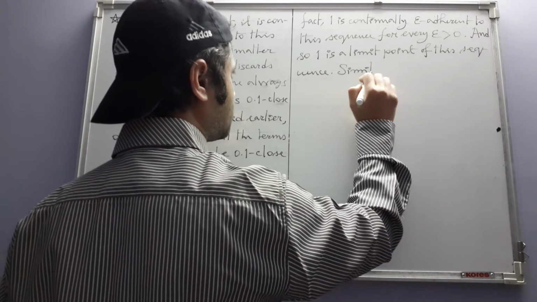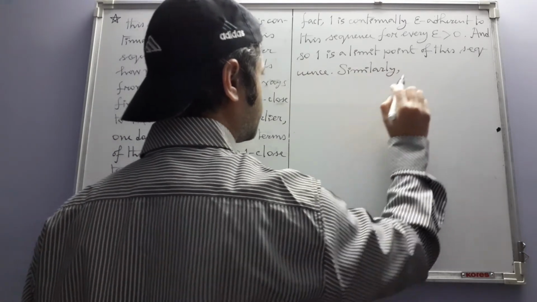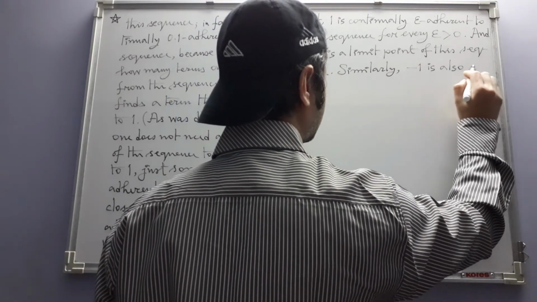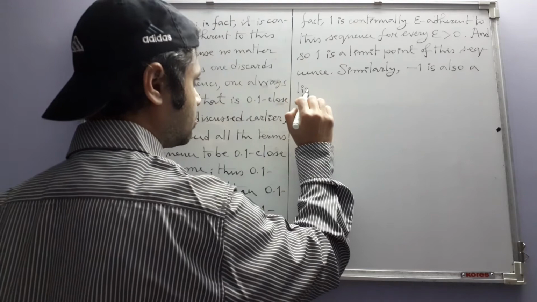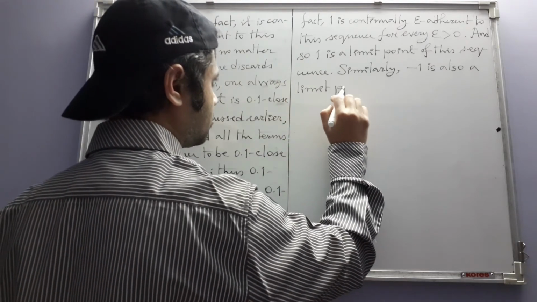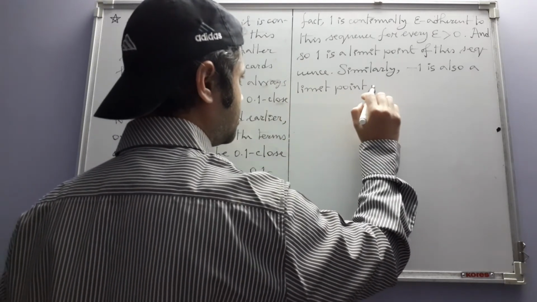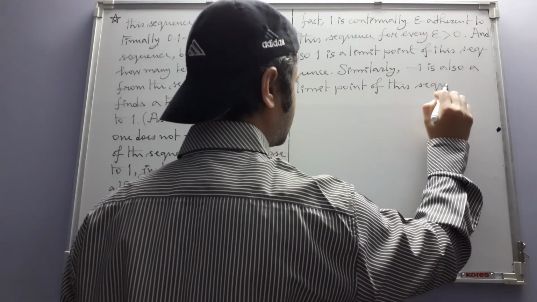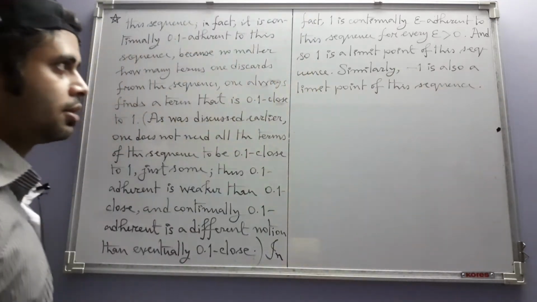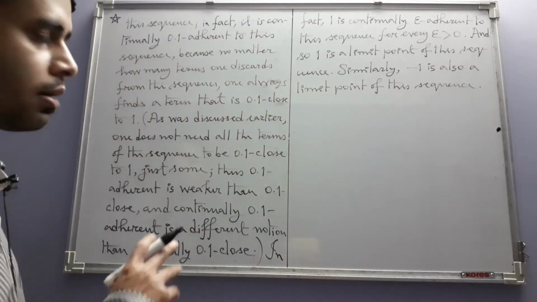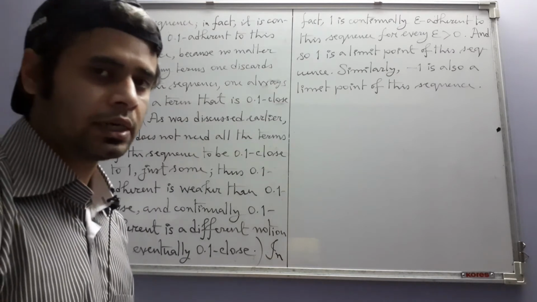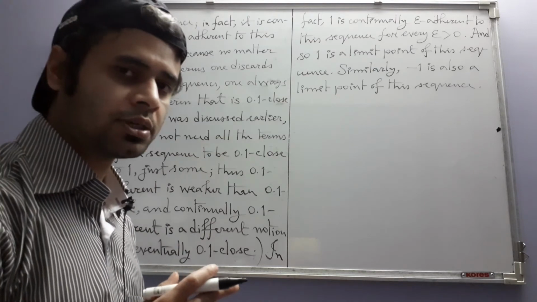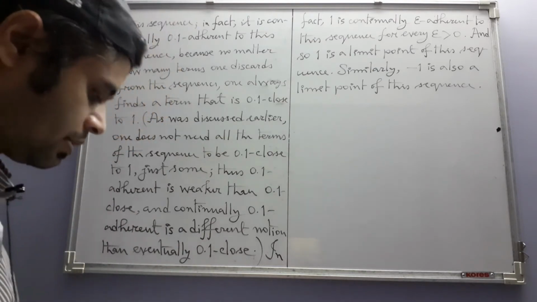Similarly, -1 is also a limit point of this sequence. Whatever we have argued with 1 in mind, we can also do with -1, and one will come to the conclusion that -1 is also a limit point of the sequence.